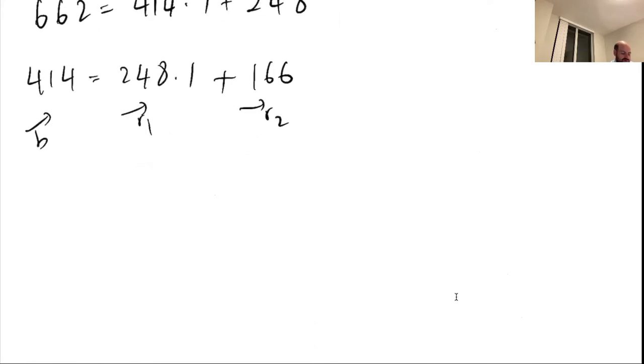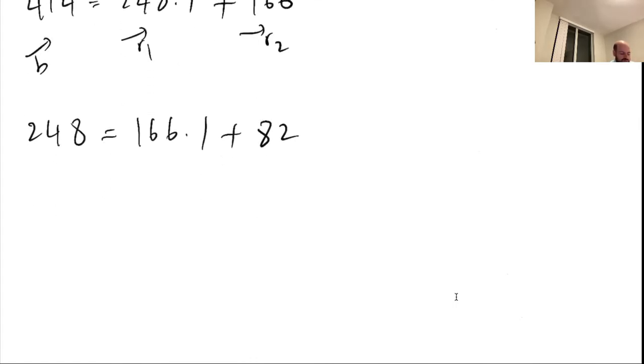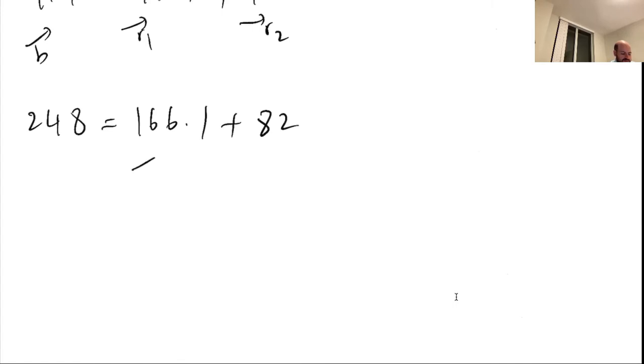I have to now divide R1 by R2. 248 is equal to 166 times 1 plus 82. And then this is again R2, and this is R3. And then again R2 by R3. So 166 is 82 times 2 plus 2.